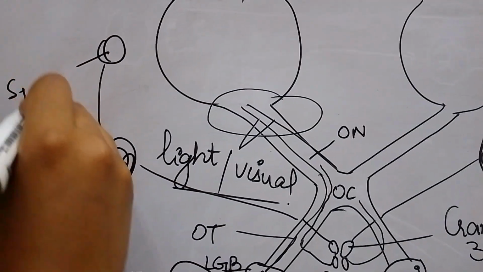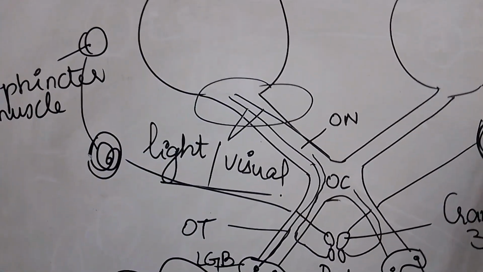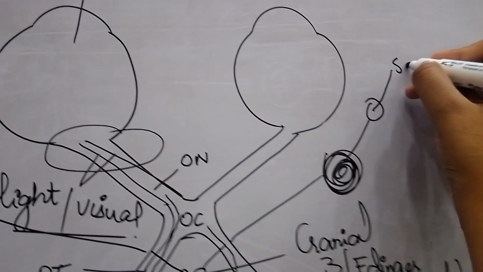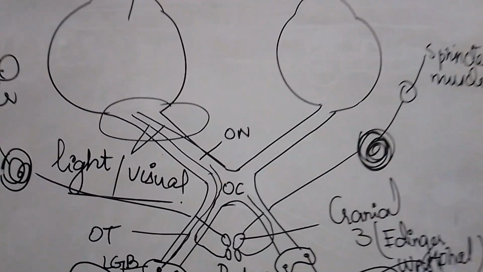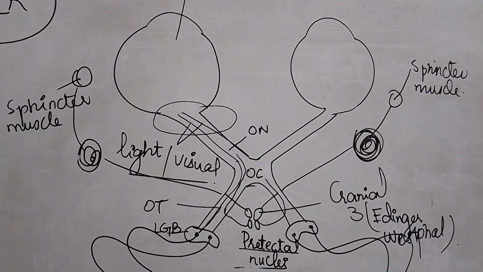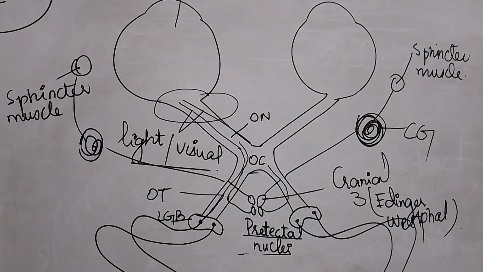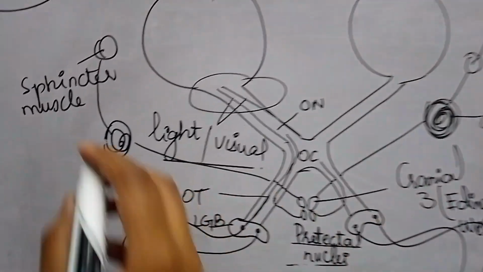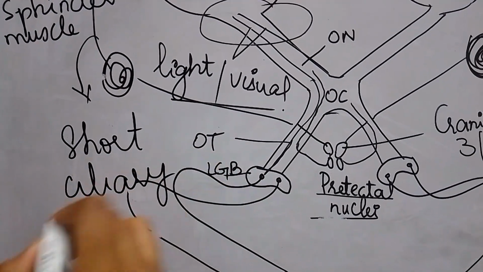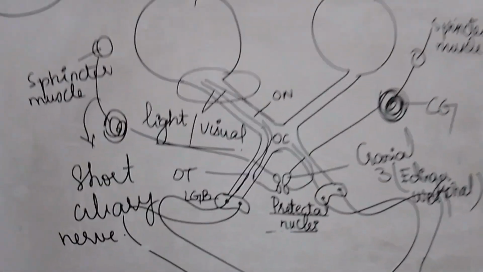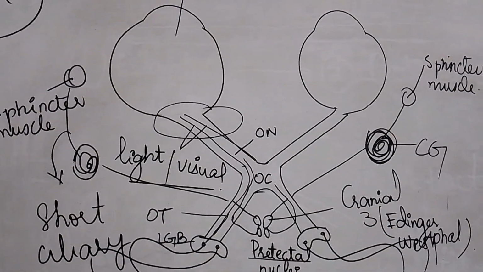This is the sphincter muscle on both sides. The sphincter muscle will allow the constriction of the pupil, and they send the signal via the short ciliary nerve, right? So this is how the pupil gets constricted. This is the pupillary light reflex pathway.